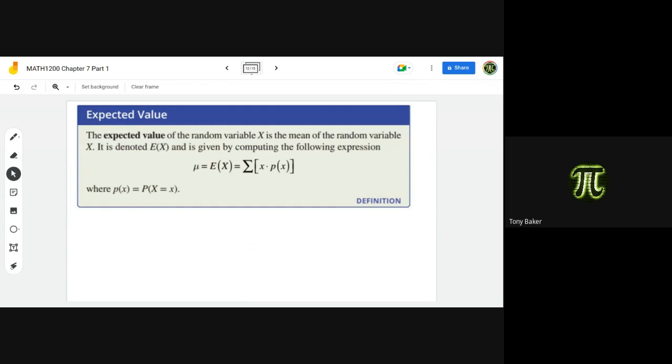Remember, we did weighted averages? As long as the probability adds up to 1, or 100 if you're thinking about it as percentages, a weighted average is no different than your expected value. This is where you can figure out what your expected value is for games.